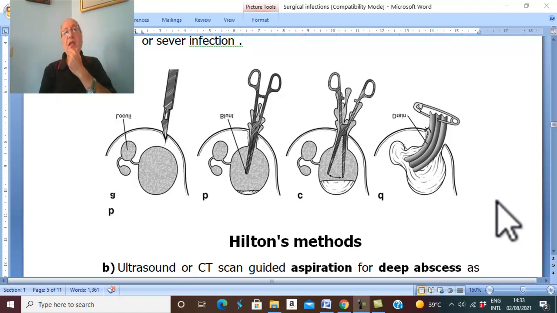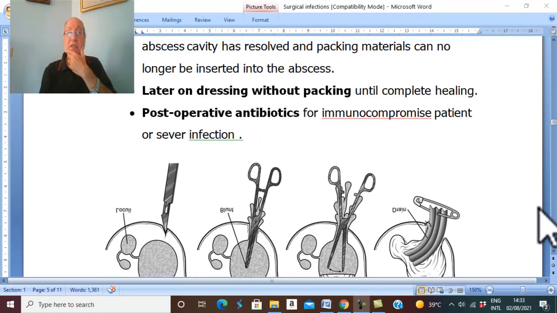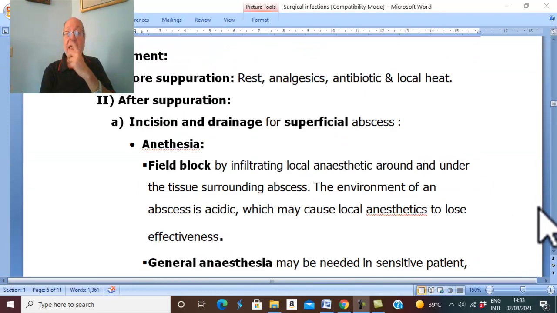First of all, anesthesia. Anesthesia usually in drainage of acute abscess is field block anesthesia, by infiltration of local anesthetic agent around the abscess in the healthy tissue.